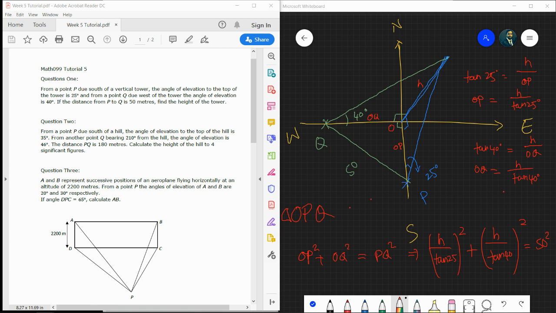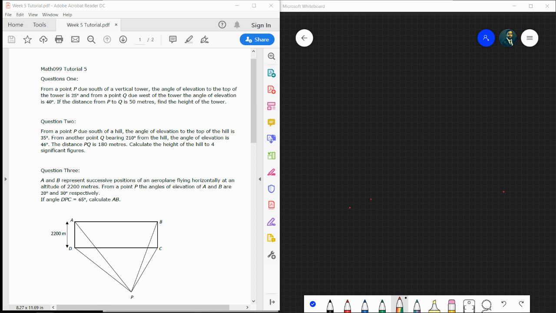The similar method, you can go ahead and learn and do question 2 and question 3. A similar technique, but maybe the mathematics can be a bit more tricky. And I just want to discuss another concept, which is bearing. So what is bearing?